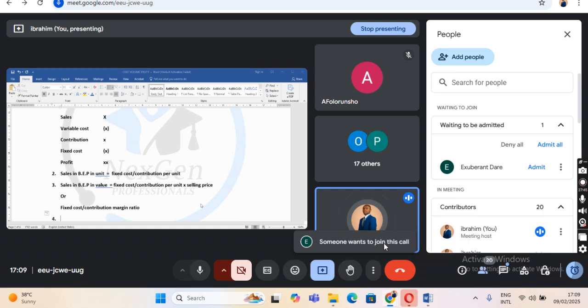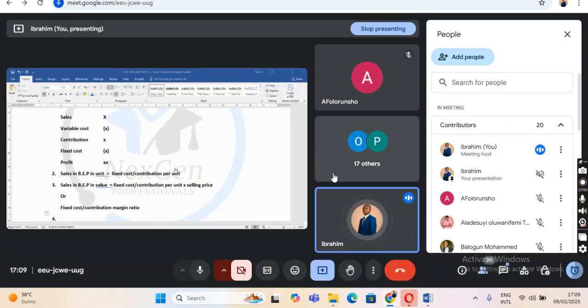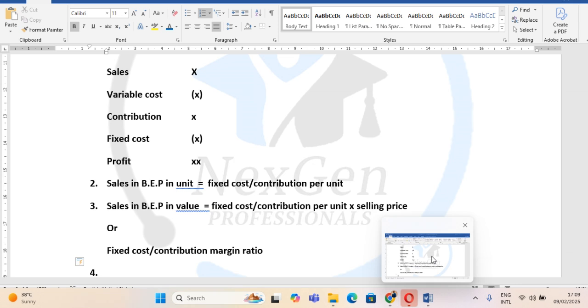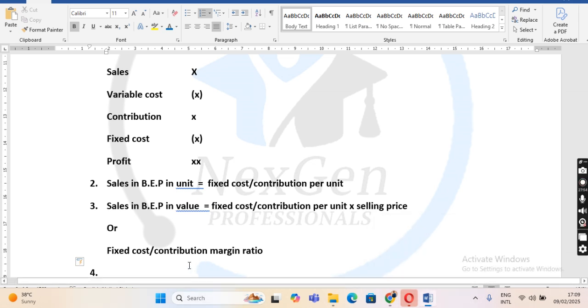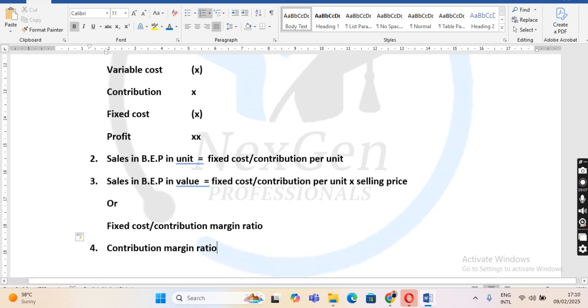Number four, this formula will now take us to contribution. The formula for calculating contribution margin ratio. They usually call it CMR, right? Contribution margin ratio, or CS ratio.